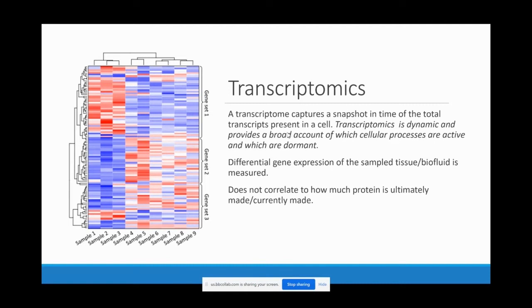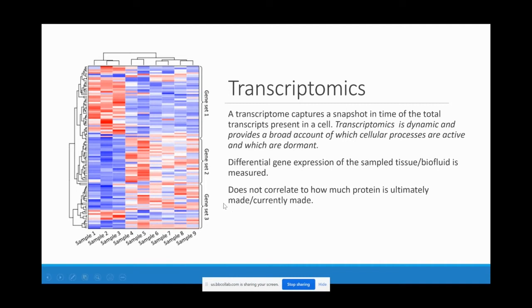Your liver cell might be upregulating a particular gene, while another cell in your heart is not upregulating that gene. So transcriptomics can tell you this. If you're looking at a particular area, you can get gene expression information from the RNA by sampling your tissue or biofluid.